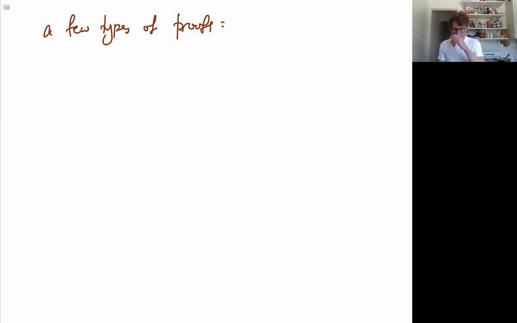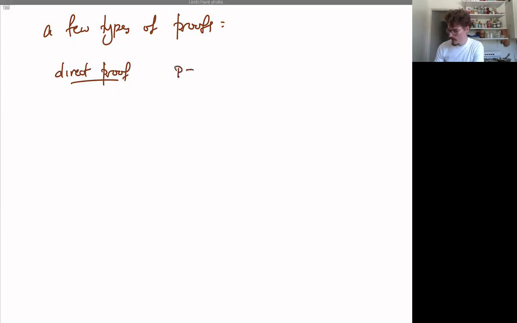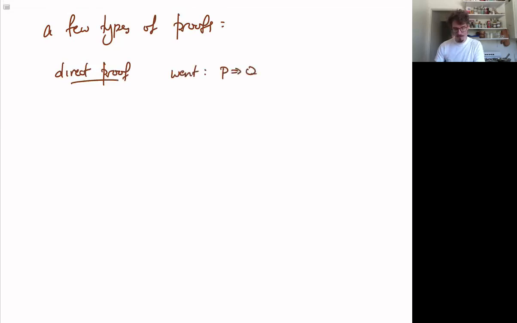So the first one I want to talk about is just direct proof. What this means is we're trying to prove something like P implies Q. And the way we argue is we start with the premise P. Maybe we have some more premises, or maybe we have some intermediate steps, and then we conclude Q at the end.